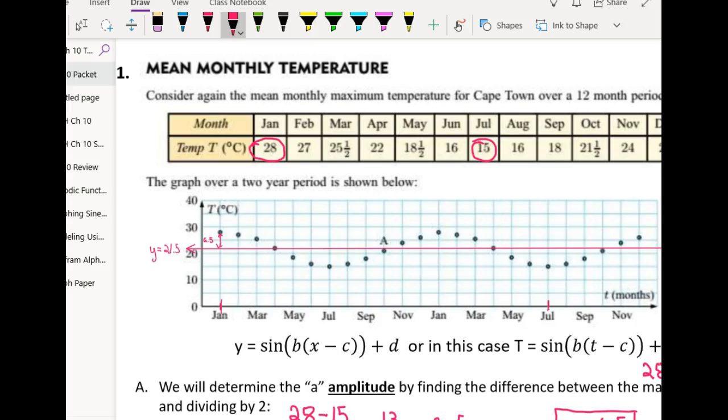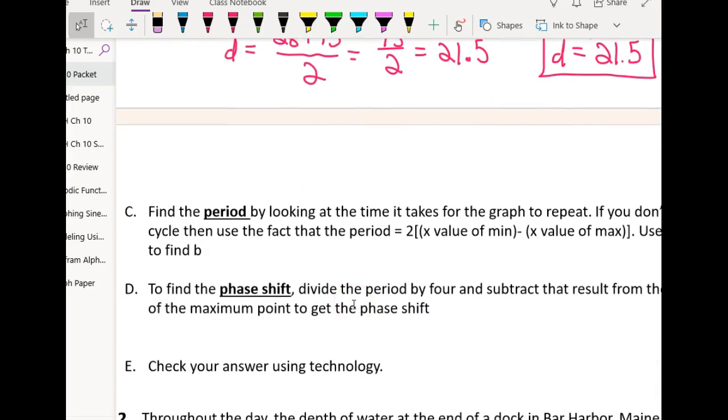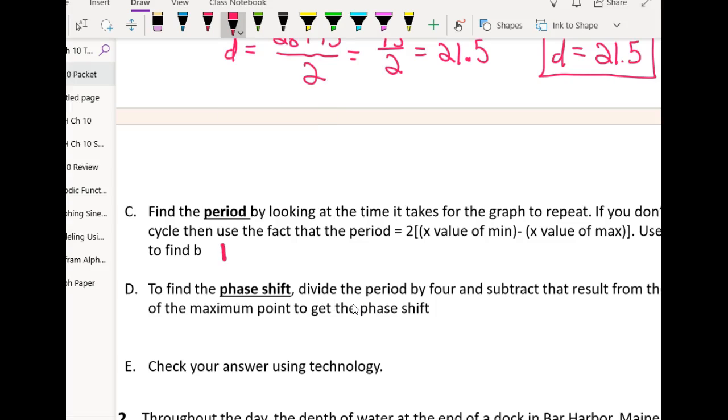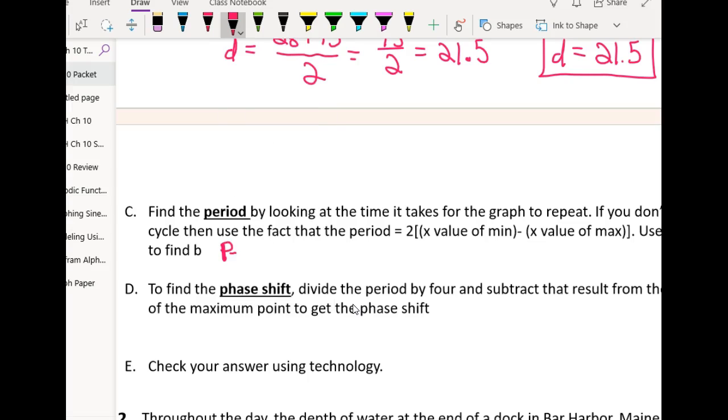In this case, we were given the period, 12 months, so we don't have to figure anything out here. The problem tells me that the period is 12 months.